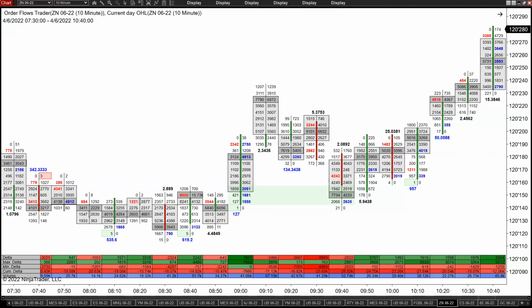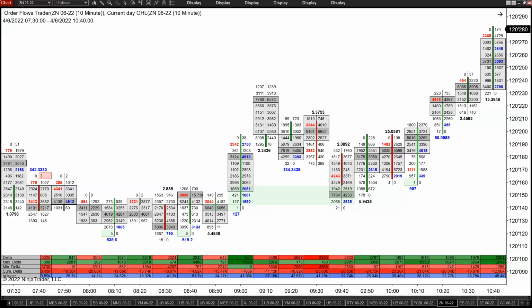I find that using a range-based chart, or at least a 5-minute chart, on a 10-year is much better. So I'll use a 10-minute chart here, then I'll take a look at a couple other markets on a 10-minute chart. But basically there are about 4 things I look for when I start looking at longer term charts.